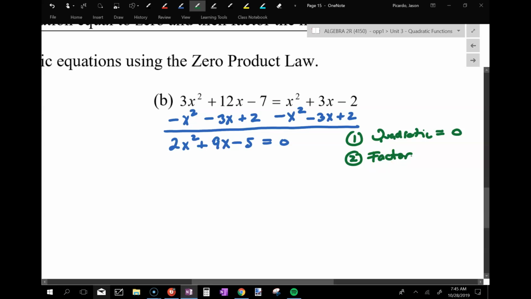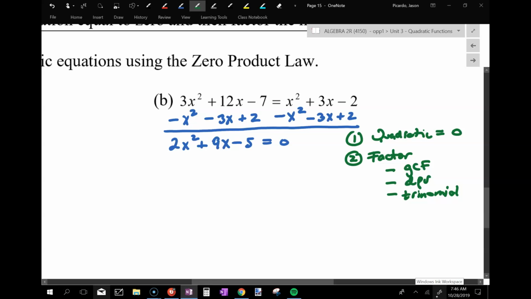But again, guys, when we factor, we always want to make sure that we follow the order of factoring, right? Which is to look for a GCF. Is there a difference of perfect squares? If not, is it a trinomial? If it's a trinomial, what do we have available to us?